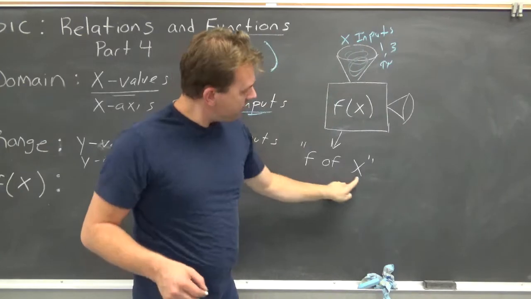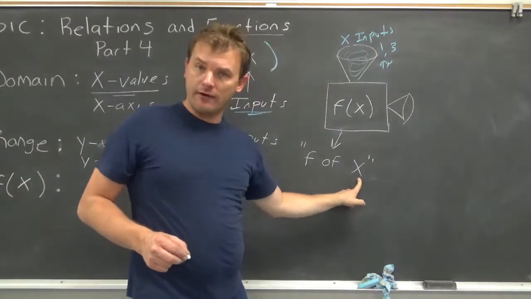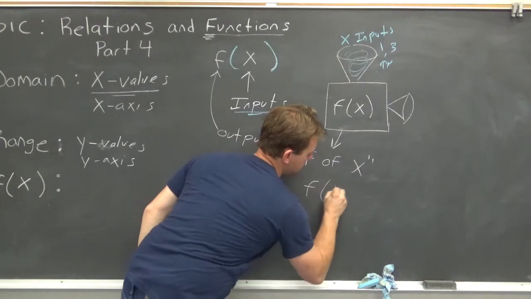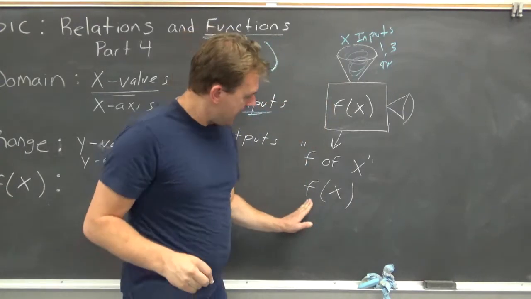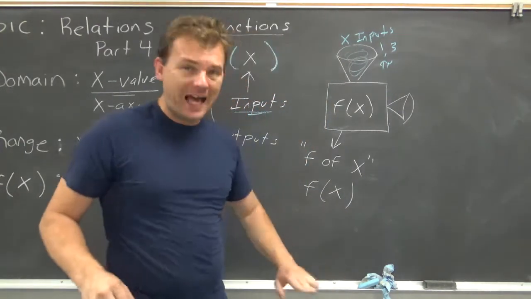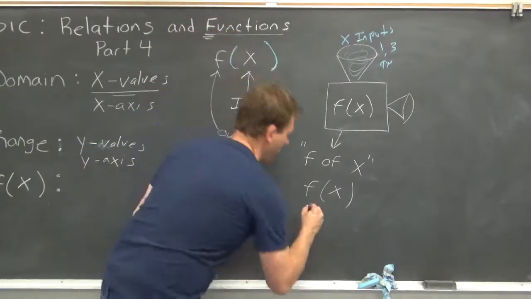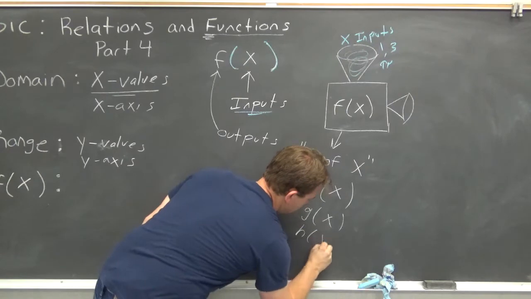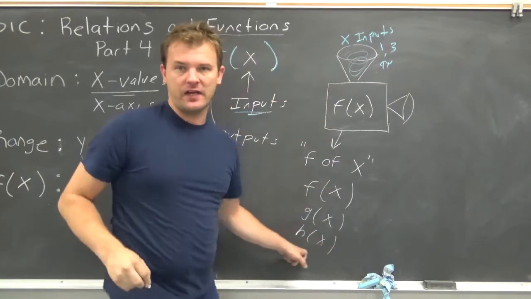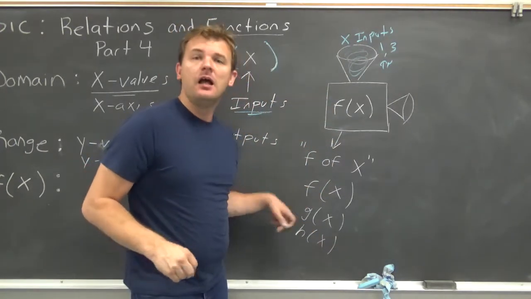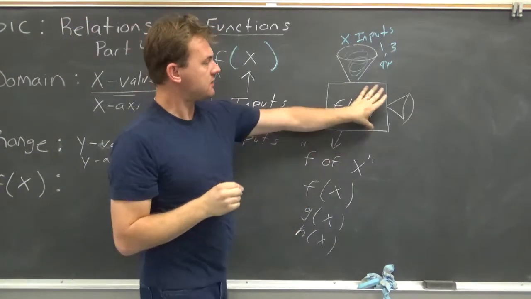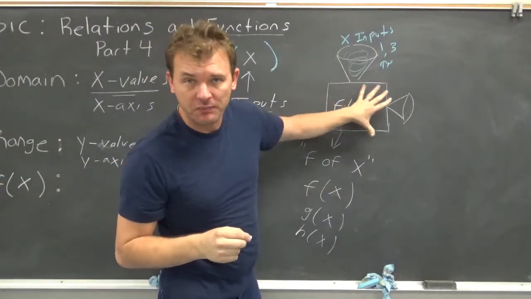Whenever you see something like this, it says f of something. It doesn't always have to be f. It could be g, it can be h, it can be anything. But really, this is what we call the function of something coming out of it.